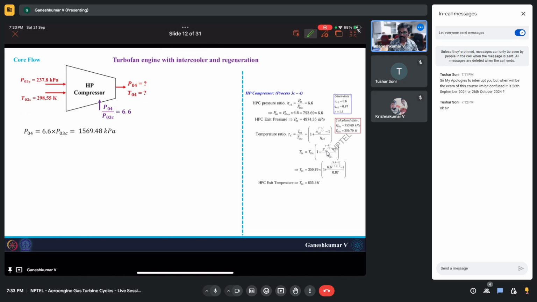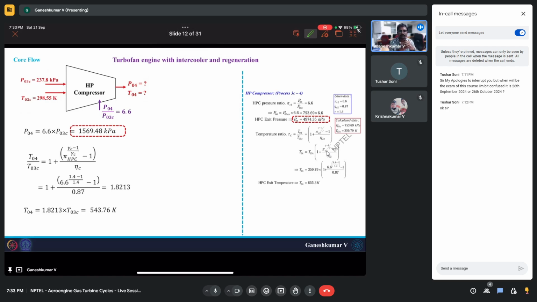Okay, and we have temperature ratios, and you can substitute these numbers, and you will end up having the temperature at the exit of the compressor to be 543.76 Kelvin.